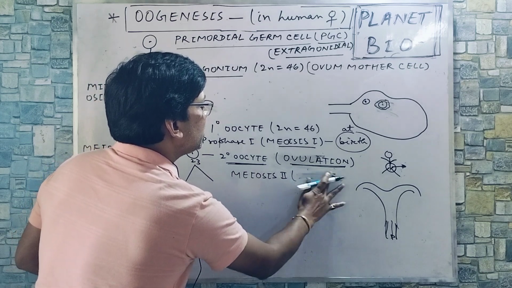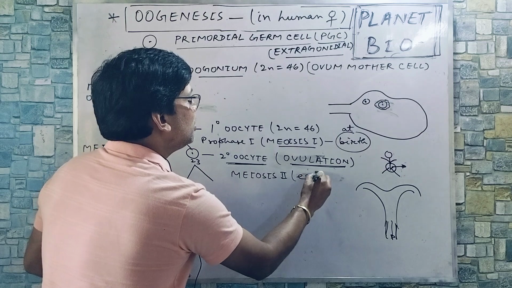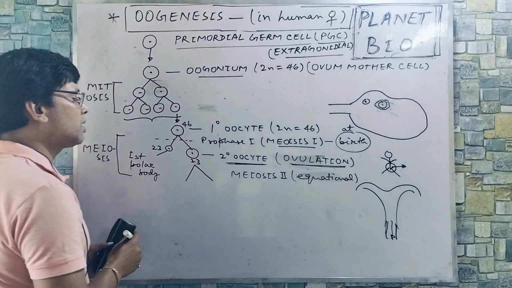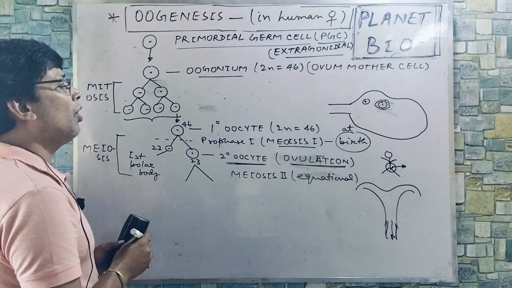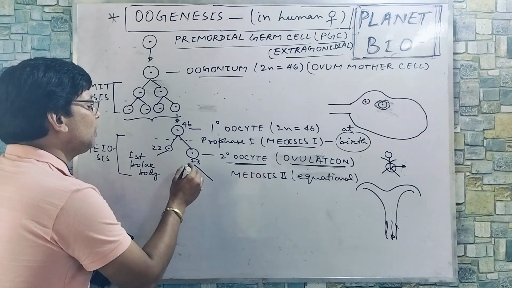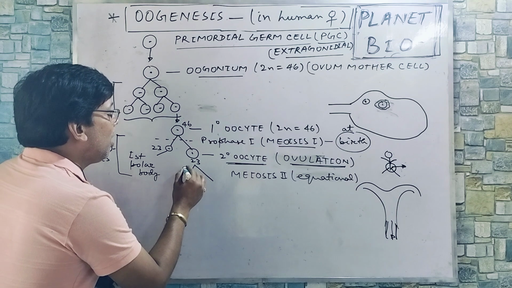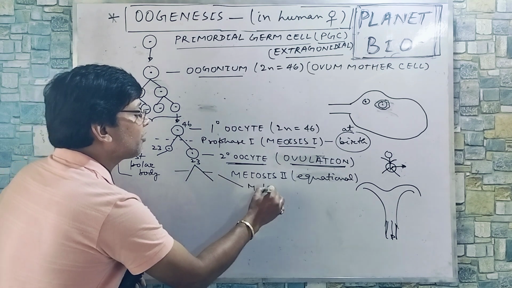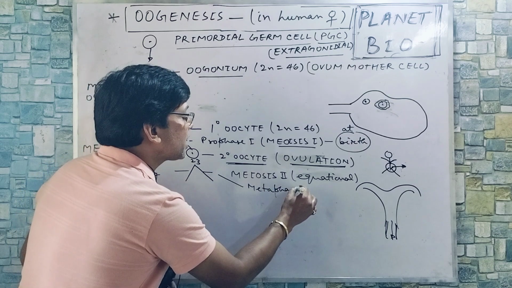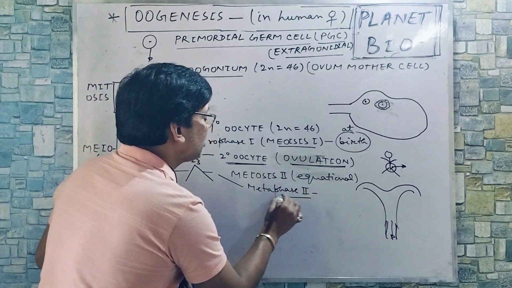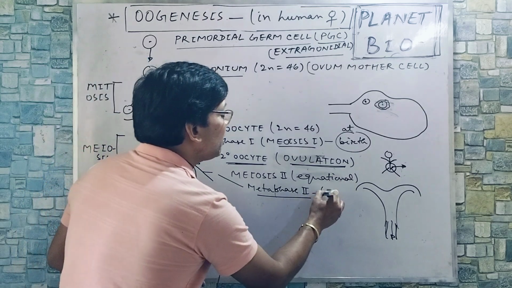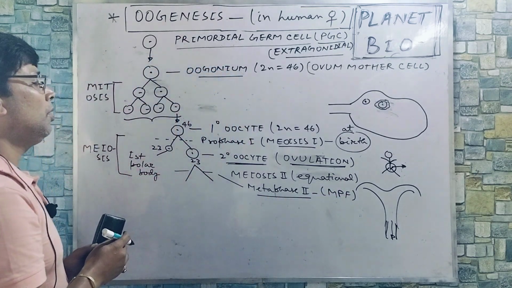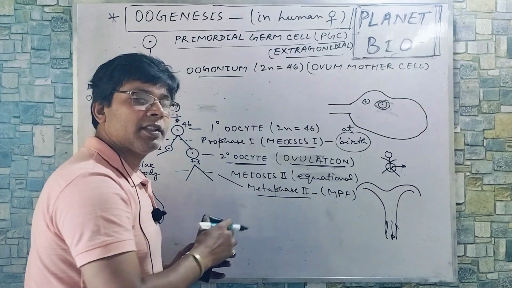No, equational in nature, meaning the number of chromosomes would remain the same. What happens actually? It is believed that it is once again arrested at metaphase 2. MPF, the metaphase promoting factor, is there, and it remains in metaphase 2.